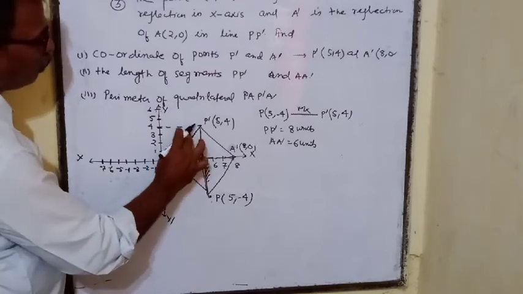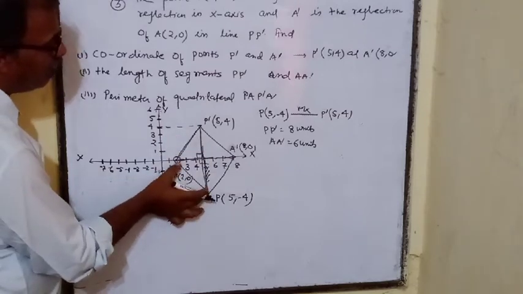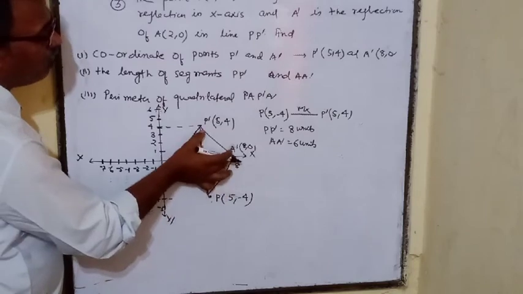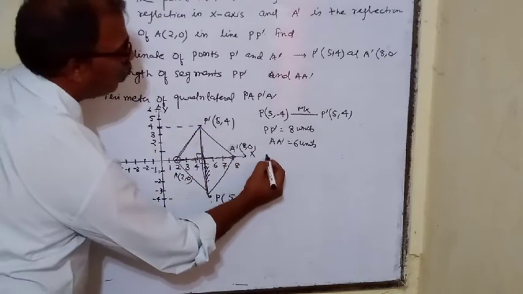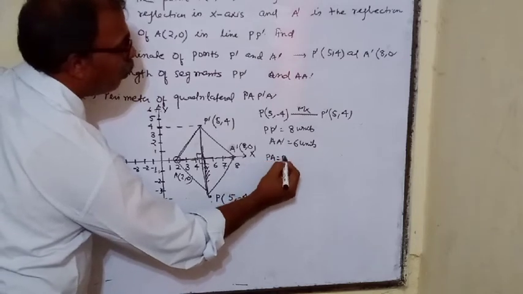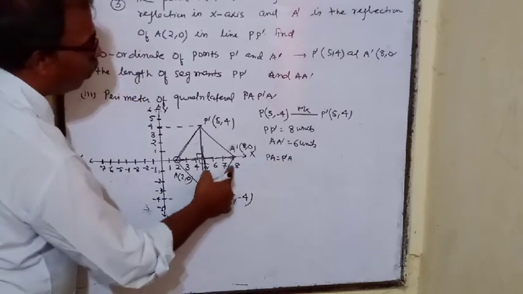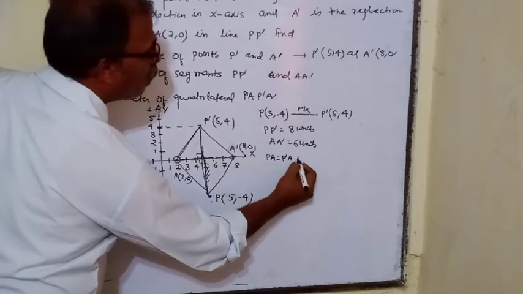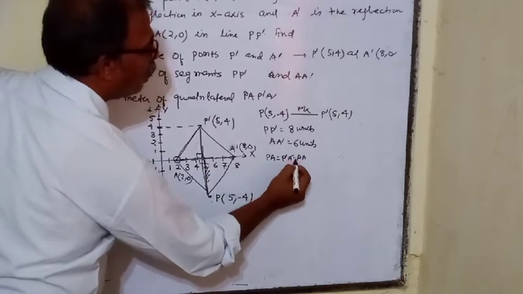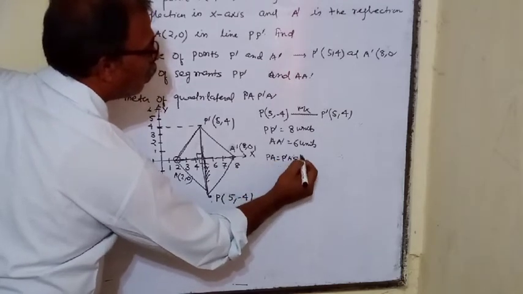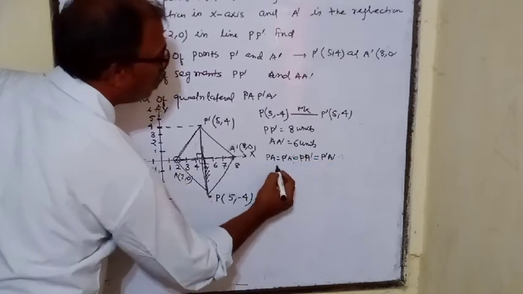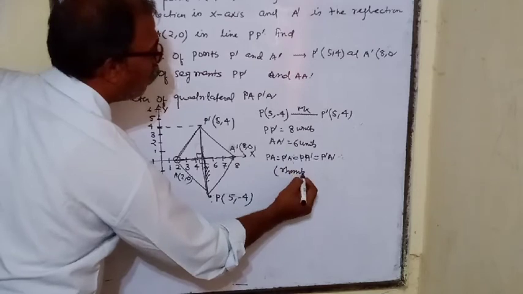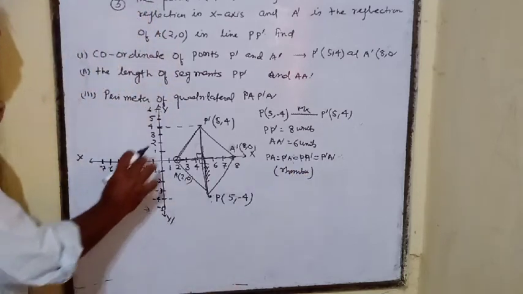So we will try to find the length of PA or P dash A or P dash A dash or PA dash. In all cases it will come out the same. This figure is a rhombus, so any of the sides we can calculate.